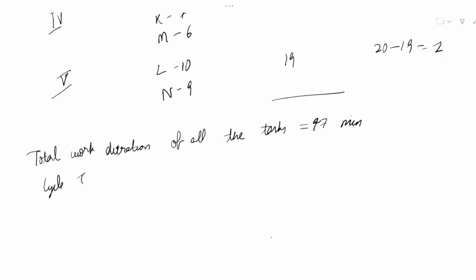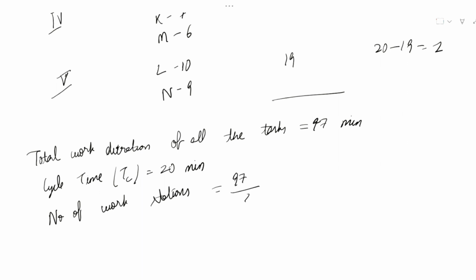Cycle time is 20 minutes. Number of workstations is equal to 97 by 20 is equal to 4.85.